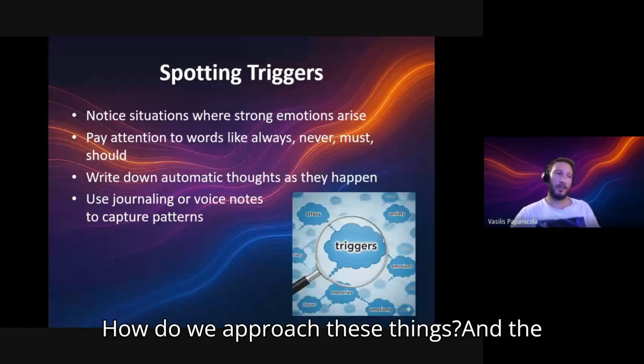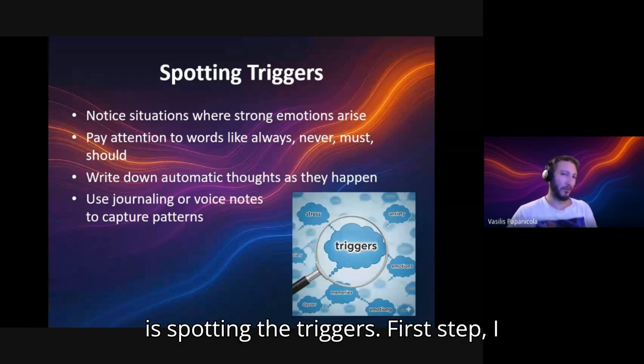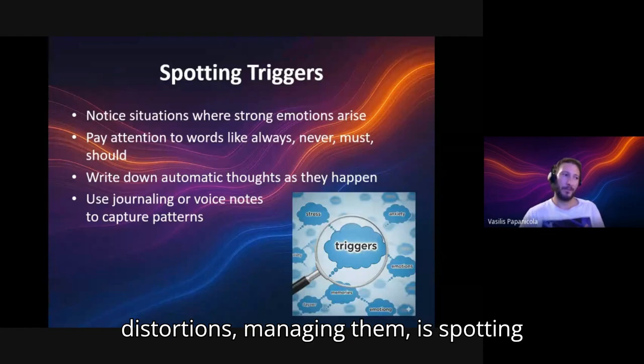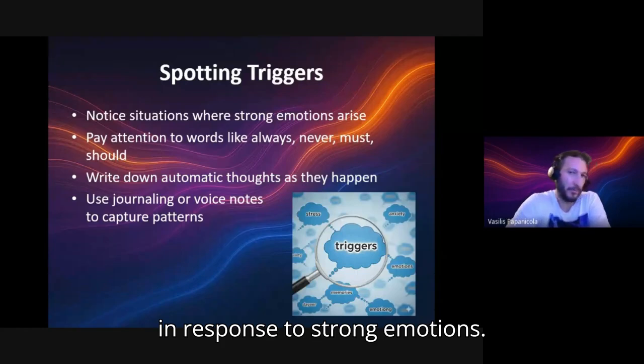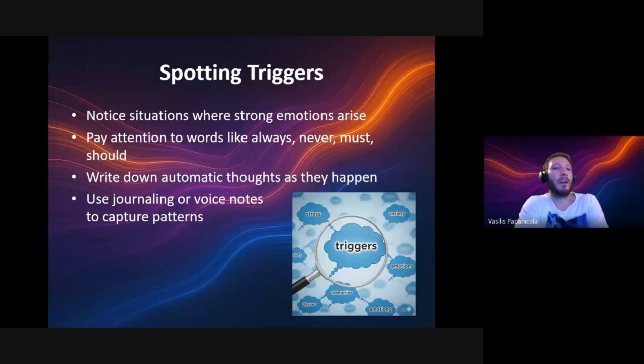How do we approach these things? The fundamental thing is spotting the triggers. The first step in working out cognitive distortions and managing them is spotting when they happen. They often show up in response to strong emotions: frustration, anxiety, overwhelm.